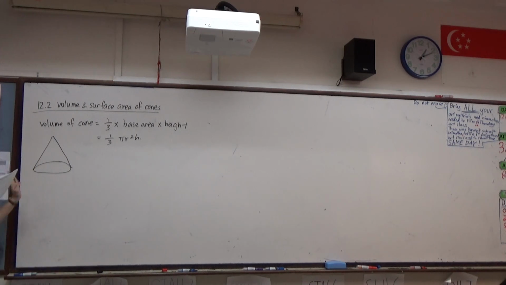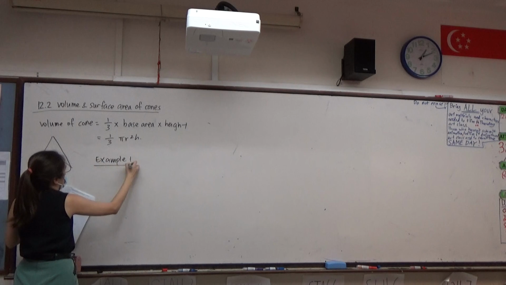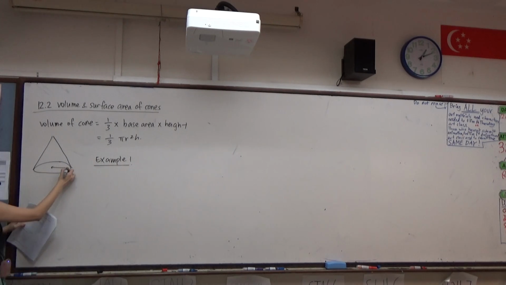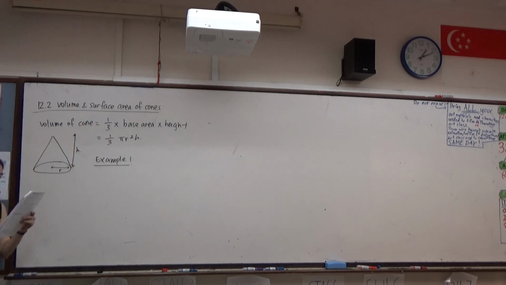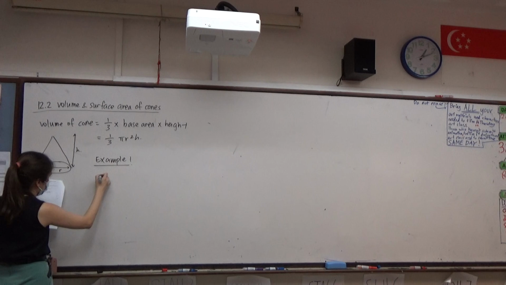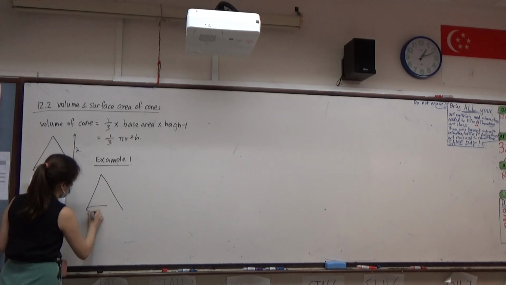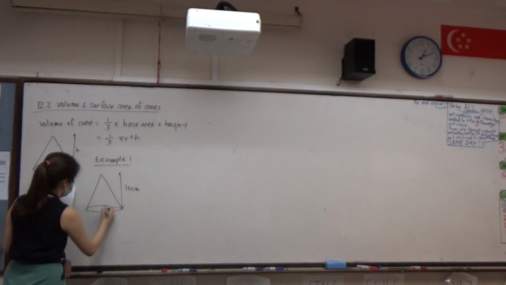So what's the pi r square h? Alright, so example 1. Radius is here, height is here. We are given a certain diagram, 10 cm and 7 cm.